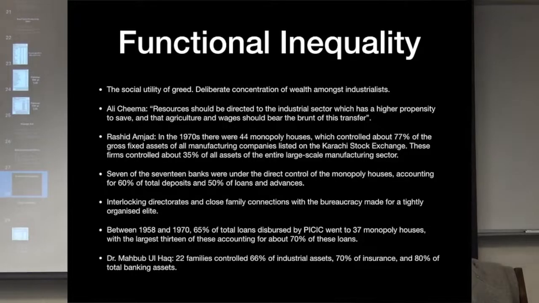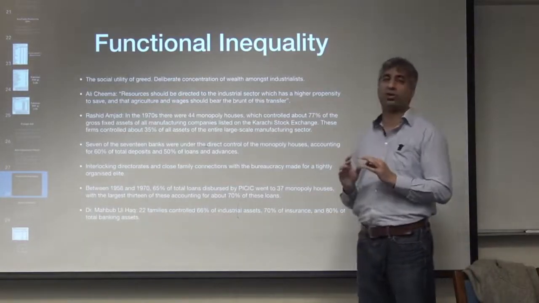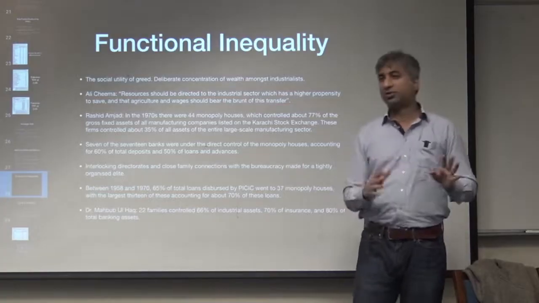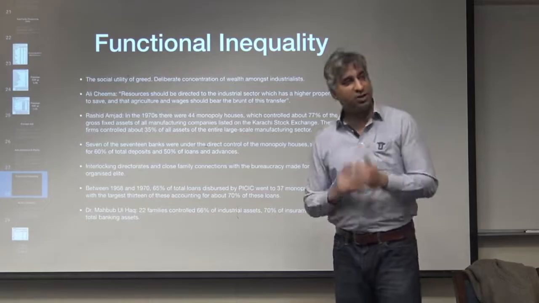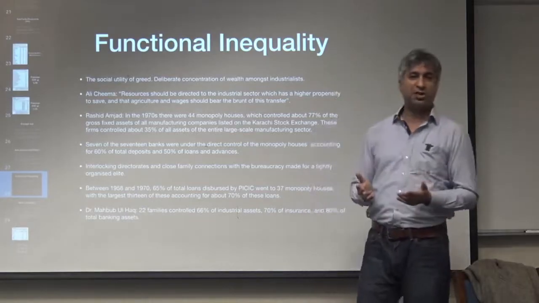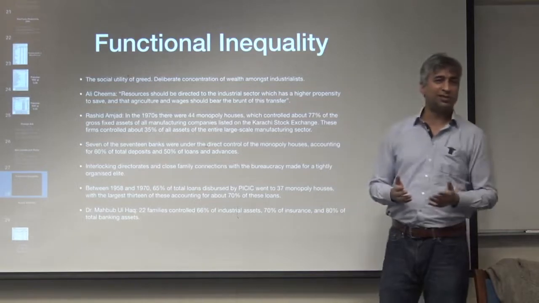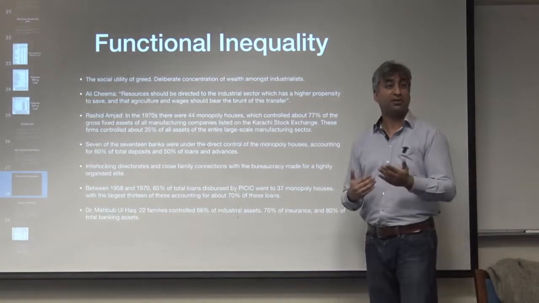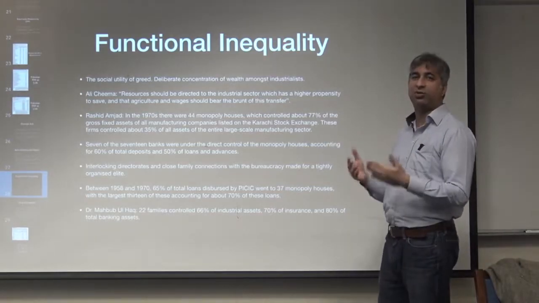The economic policy of the Ayub government is referred to as functional inequality. The word functional you can just get rid of, just call it inequality. The deliberate creation of inequality. How could that be justified, you may ask? Hamza spoke about it in the last debate, etc. So what was the justification for deliberately creating inequality in society?